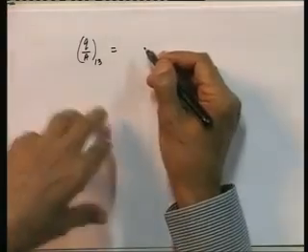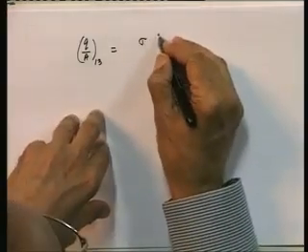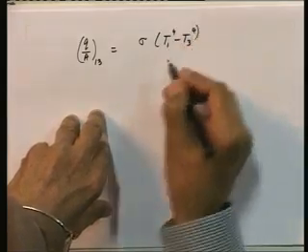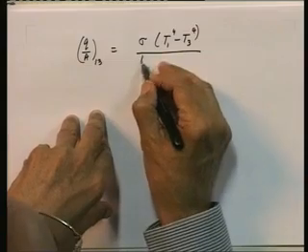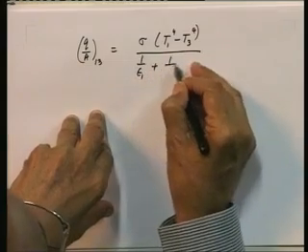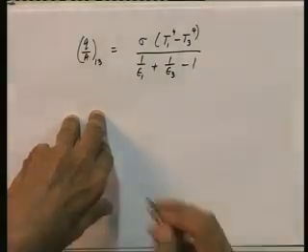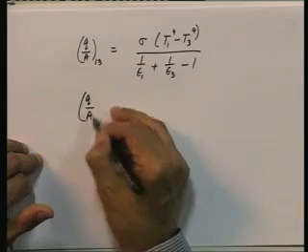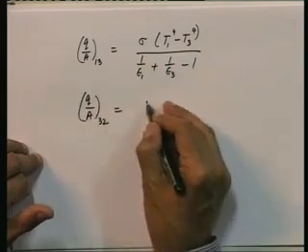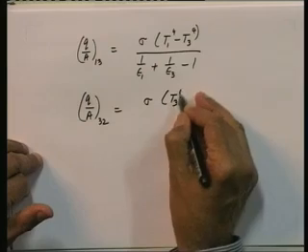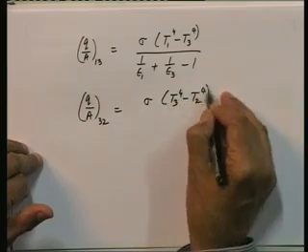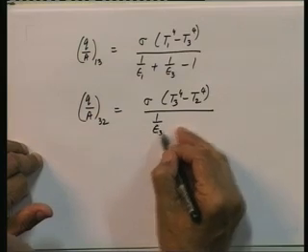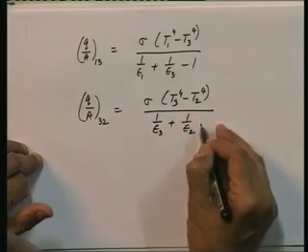Q by A 1 3 is equal to sigma, the expression that we have just derived, T1 to the power of 4 minus T3 to the power of 4 divided by 1 by epsilon 1 plus 1 by epsilon 3 minus 1, and Q by A 3 2 is equal to sigma T3 to the power of 4 minus T2 to the power of 4 divided by 1 by epsilon 3 plus 1 by epsilon 2 minus 1.